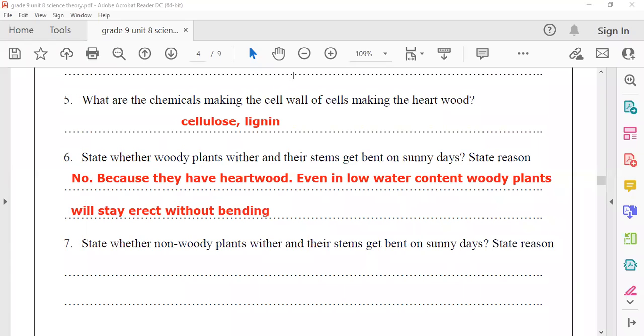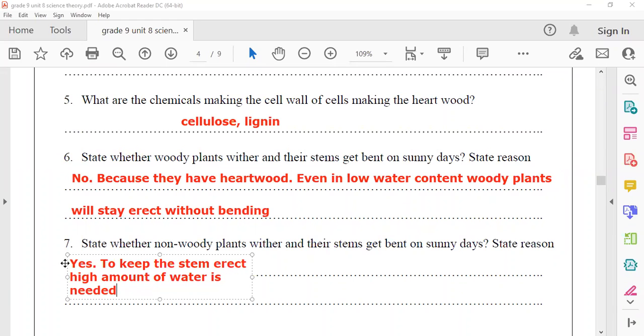State whether non-woody plants wither and the stem gets bent on sunny days. Yes. To keep the stem erect, a high amount of water is needed.